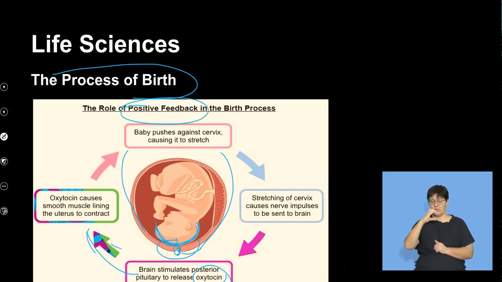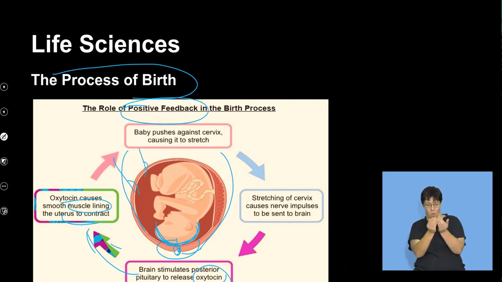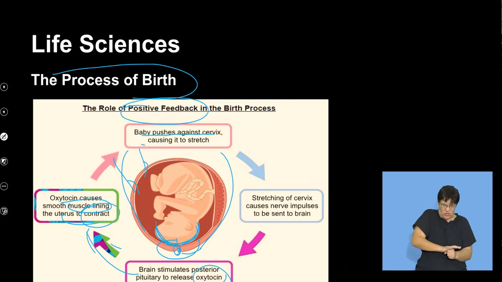Oxytocin is released from parts of the brain which cause the muscles lining the uterus to begin contracting. So we find that the brain releases the hormone called oxytocin, and oxytocin targets the muscle walls of the endometrium, causing the process of muscle contraction. This will then cause the baby to push against the cervix, causing it to stretch.